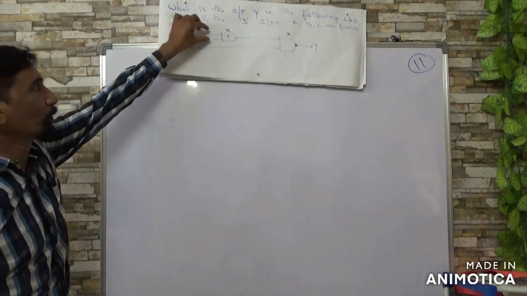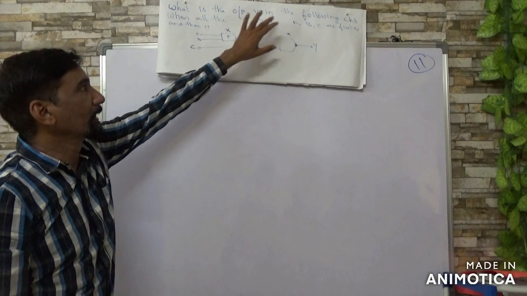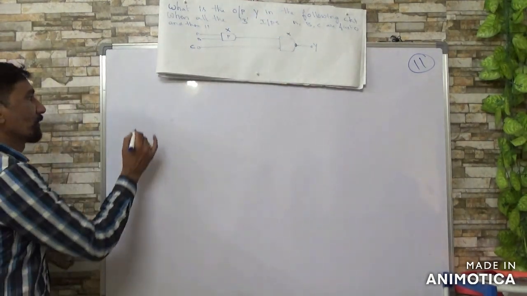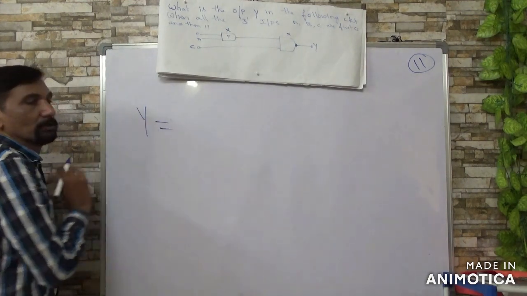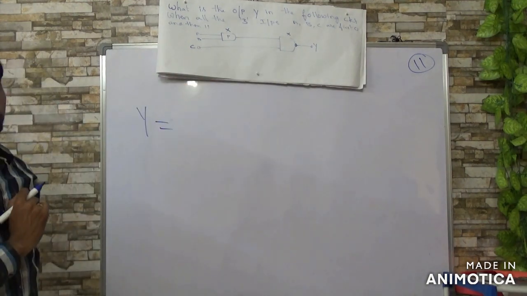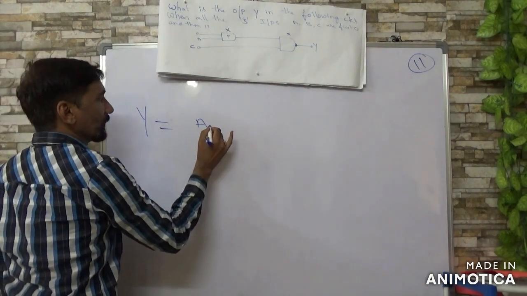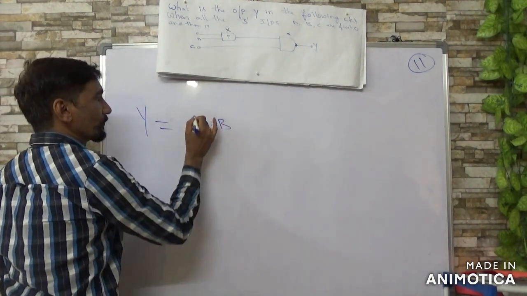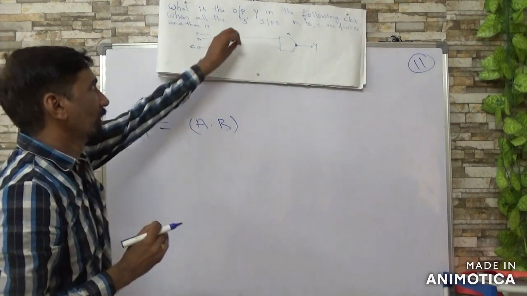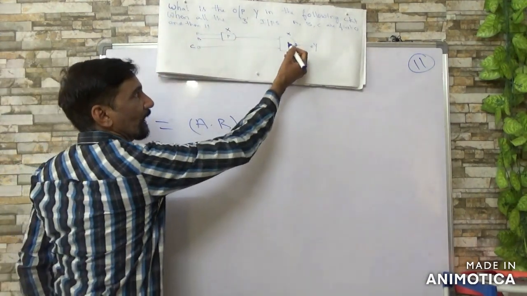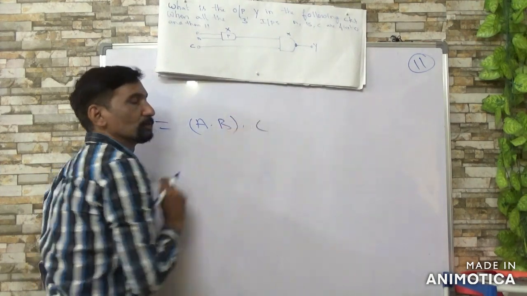The output of this AND gate is connected to another AND gate along with C. So first you have to write the output Y equals. So first these two, now A into B. Okay. So this is one output and another one is C. AND gate now. So multiply.